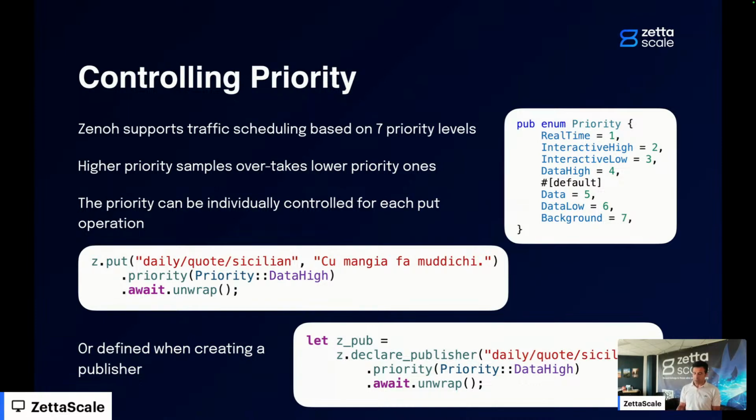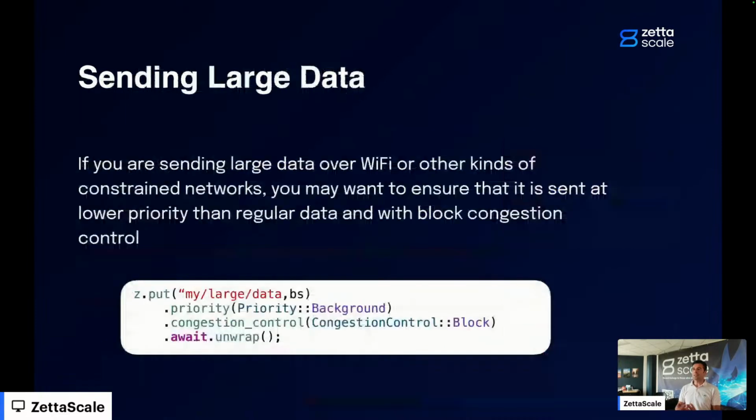Okay. Now the question is, I'm sending some large data. Let me give an example. There are some people sending big LiDAR images at a rate that saturates the Wi-Fi network. If you're sending other data, what might happen? Well, eventually there will be some saturation of the network. We will drop some samples.